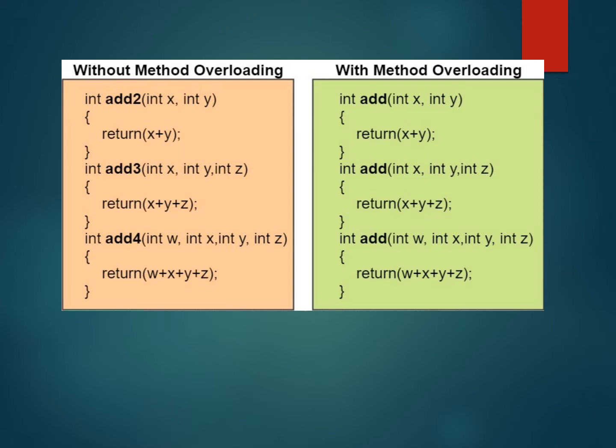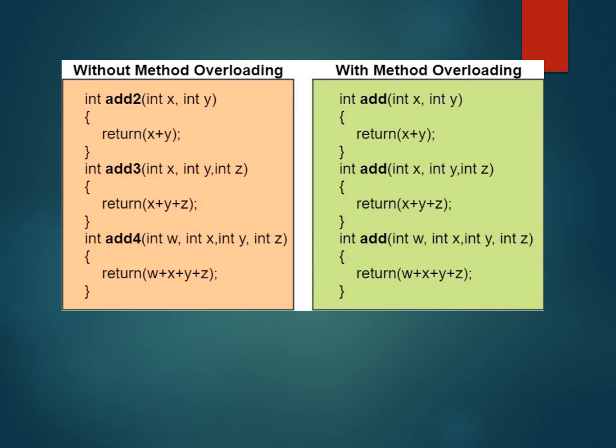In the first add method, you can see int x, int y, two formal parameters of integer type. In the next add method, there are three parameters x, y, z, all of integer type. In the next add method, there are four formal parameters w, x, y, and z, and they are all of integer type.